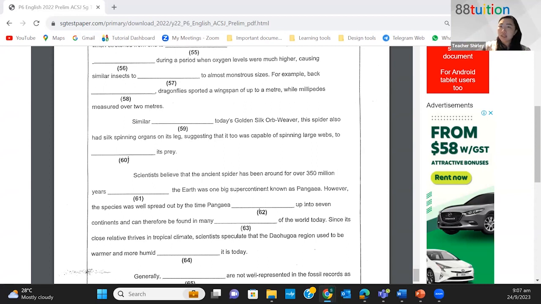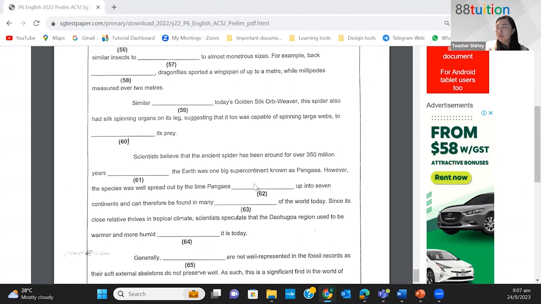It cannot be the other. So you need to get some techniques to tackle cloze passages. Okay, because all the passages will be different, but how do we tackle cloze passages? One way is to look at certain words that belong together, like collocations.